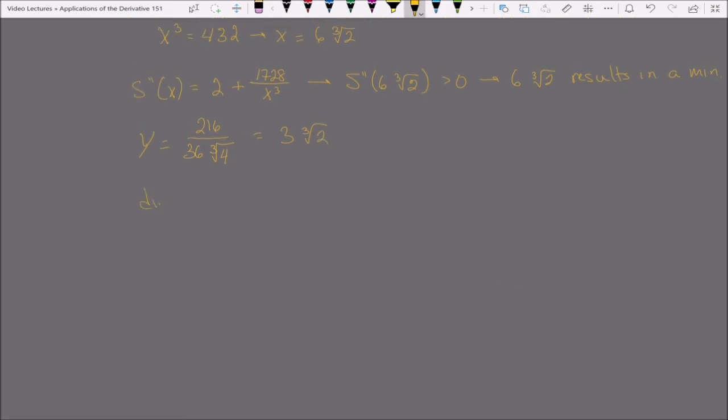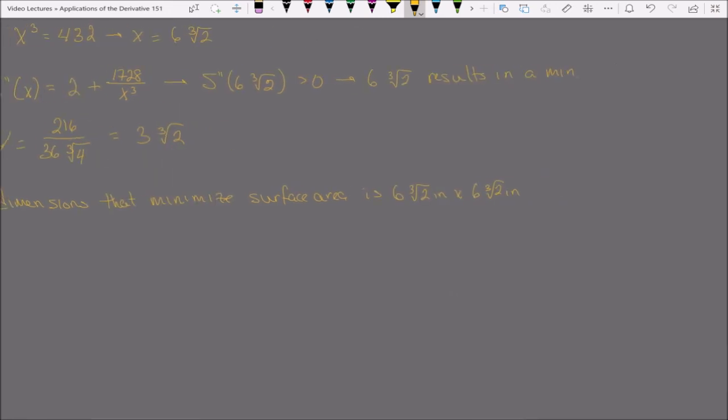And the dimensions that minimized surface area is 6 cube root of 2 inches by 6 cube root of 2 inches by 3 cube root of 2 inches.